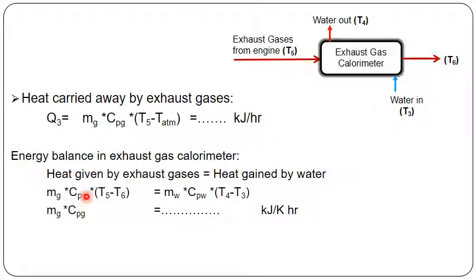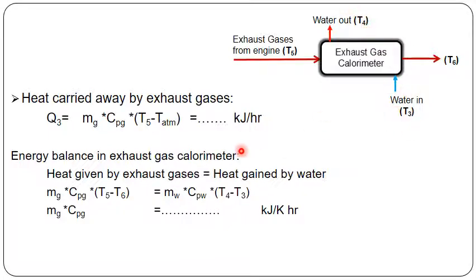So mg into Cpg, the mass of gases into the specific heat of the exhaust gases, into the temperature difference across the calorimeter for the exhaust gases, that is T5 minus T6, is equated with the heat gained by the water circulated through the calorimeter, given by m Cp into delta T. The mass flow rate of water through the calorimeter is also noted down, and that value is used here, along with the temperatures T3 and T4.